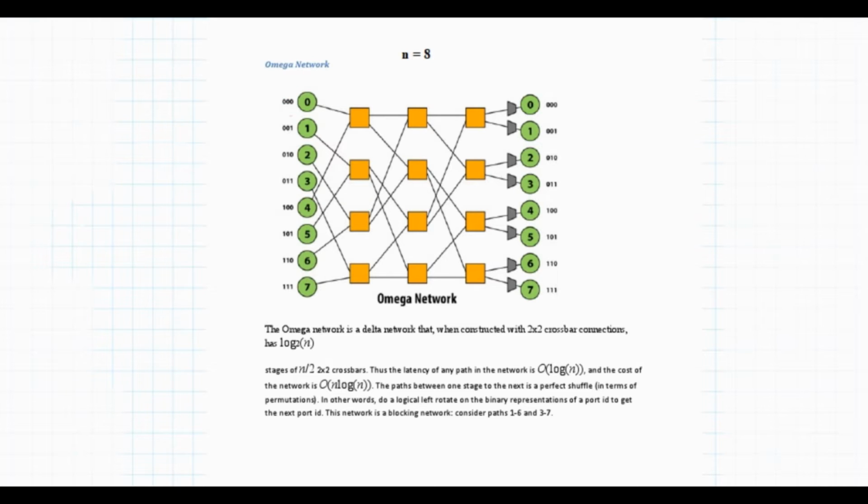Now on the extreme right side, we have the same 8 processors. Now you have to find out the interconnection network route, or in simple words, which processor will be connected to which switch, and which output port of the switch will be connected to another switch or processor.